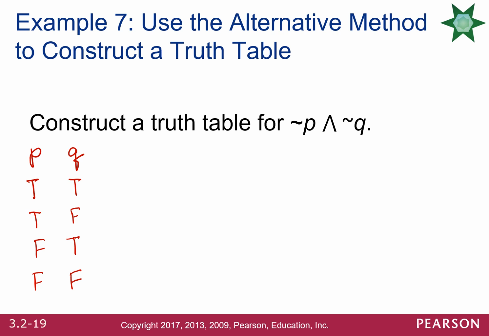And then we had our not P and not Q. We went on to creating the table for this entire statement. But we always work on the negation first. So we first have to negate all our P values. So that would be make the T's an F and the F's a T. So F, F, T, T.